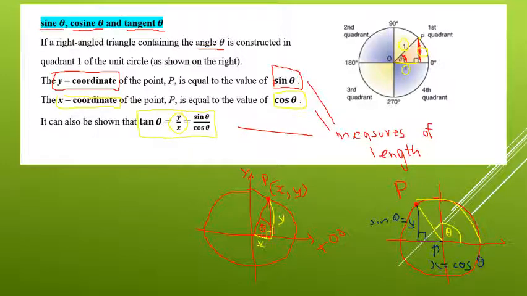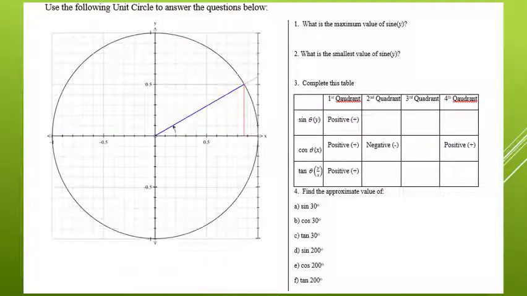Alright, let's go to the next slide. Here we have our unit circle, and we're asked several questions, but before we start answering them, we'll look at the particular circle.